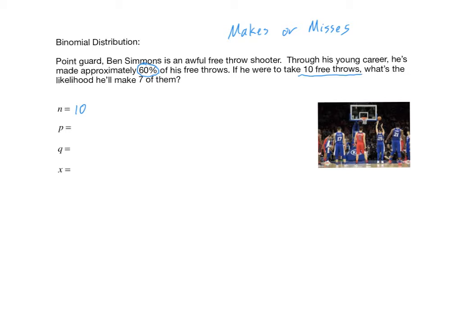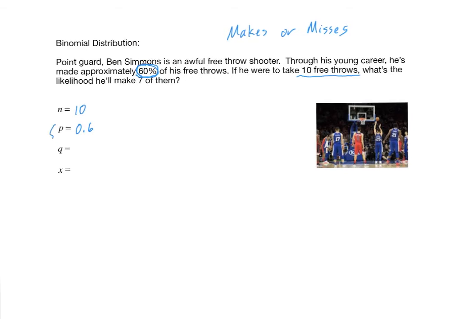And it says right here, his likelihood of success on a single trial is 60%. Don't forget, don't put in the number 60. 60% is 0.6. Now, q is not given directly in the problem. However, we know the relationship between p and q is that they need to add to 1. So if p is 60%, then q must be 40%, or 0.4.